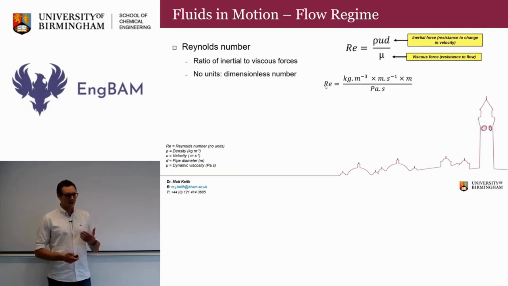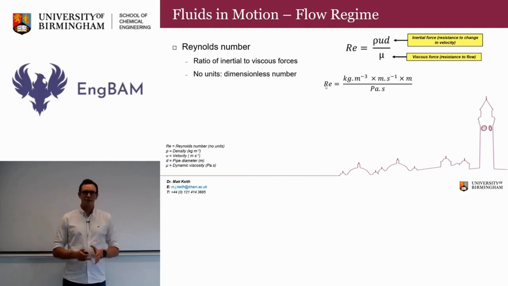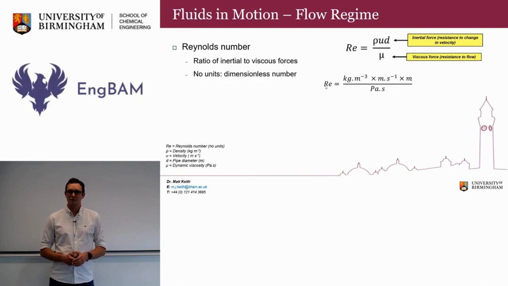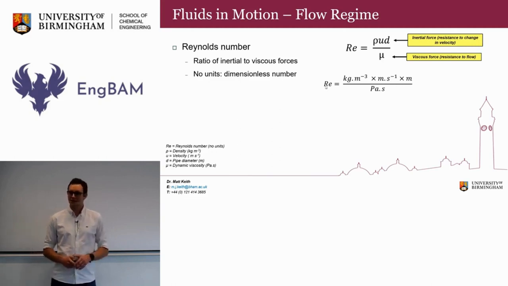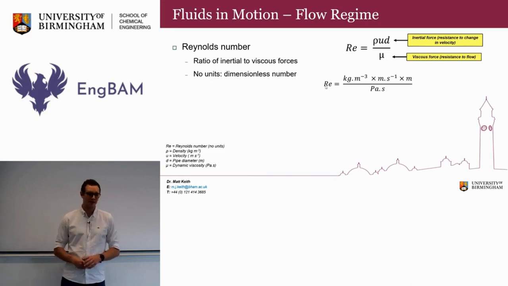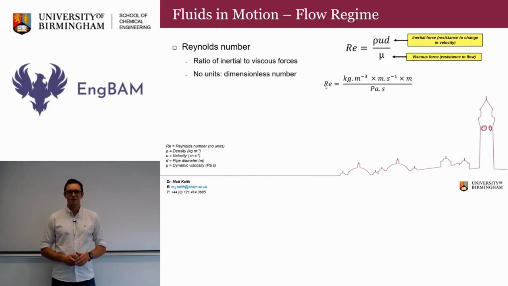And we can show that this is a dimensionless number just by writing everything out in our standard, what we call SI units. So we take our density, which is kilograms per meter cubed, multiply that by our speed or velocity, which is in meters per second, and then multiply that by our pipe diameter in meters, and then we divide that by our viscosity in Pascal seconds.